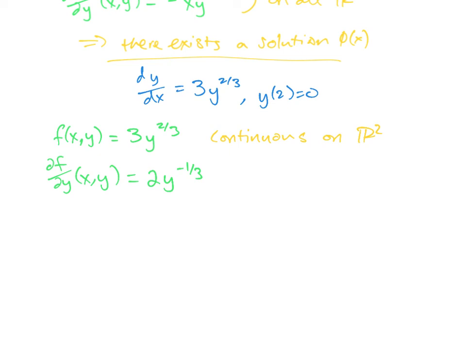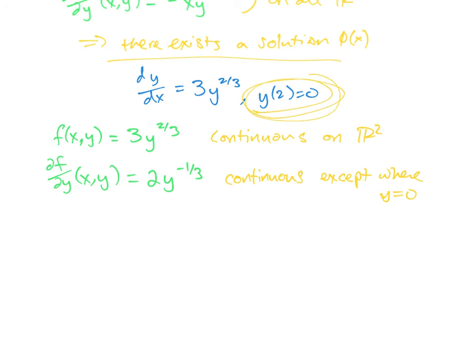And this is continuous, except, because we have a negative exponent here, we get like a 1 over the cube root of y. So this is continuous except where y equals 0. The problem is that y equals 0 is our initial condition.